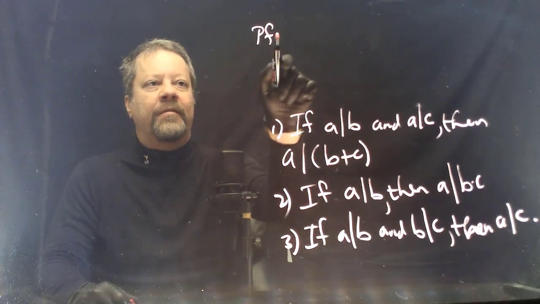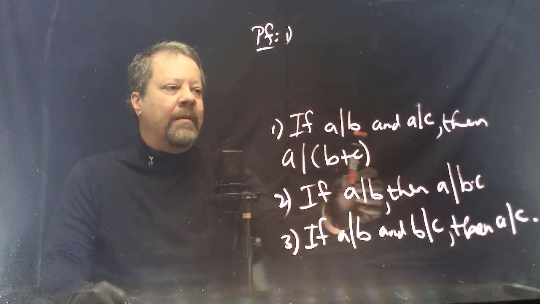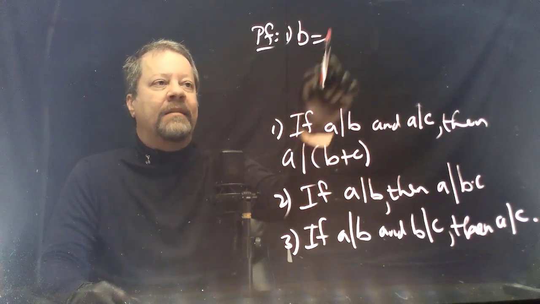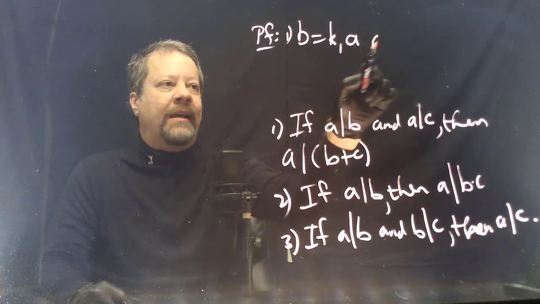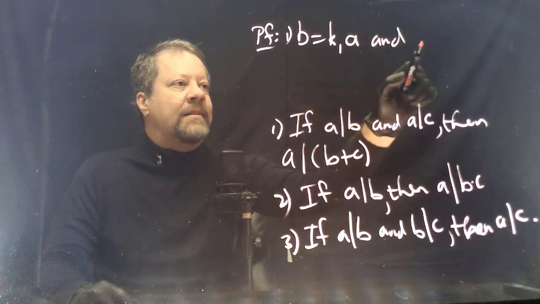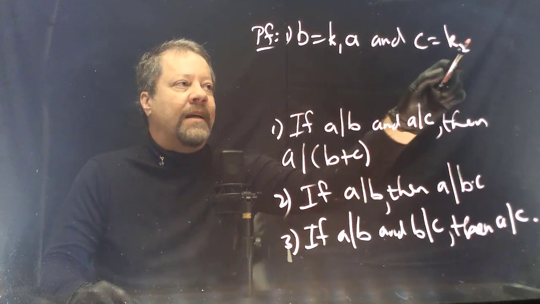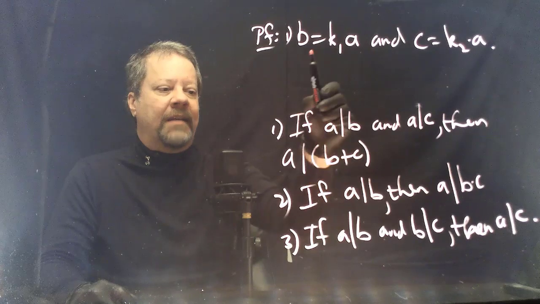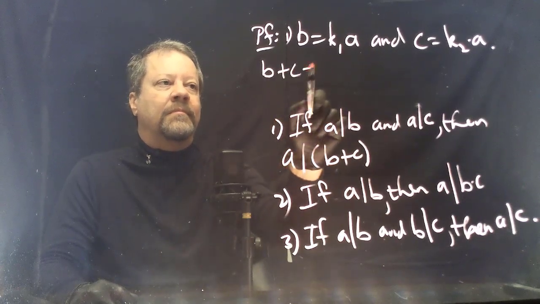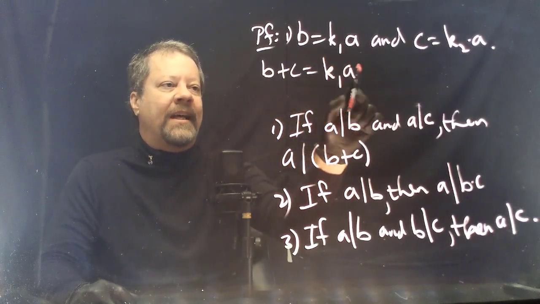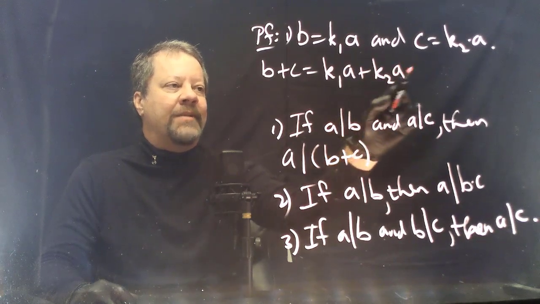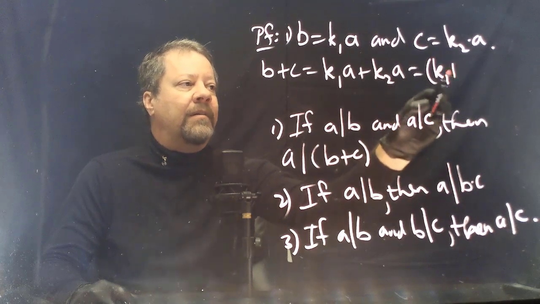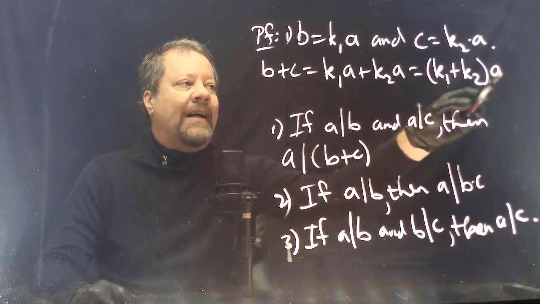In our proof for number 1, we're going to assume that a divides b and a divides c. That means b is k1 times a and c is k2 times a. So let's look at b plus c. It's k1 times a plus k2 times a. Two terms with a factor of a. We can factor the a out.